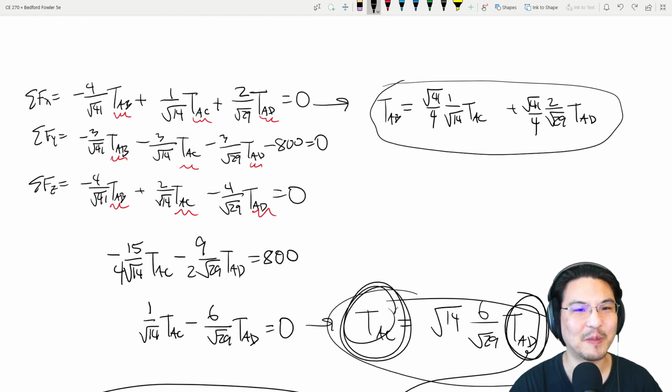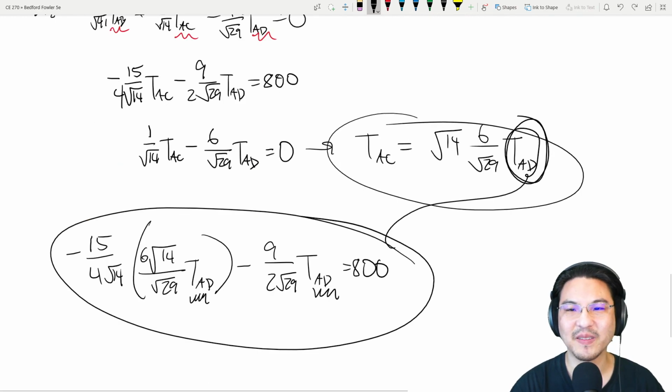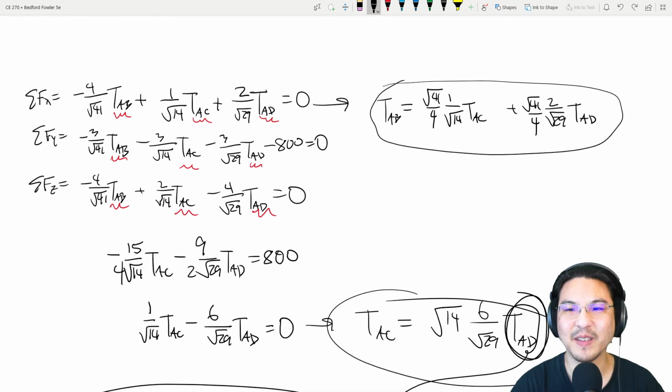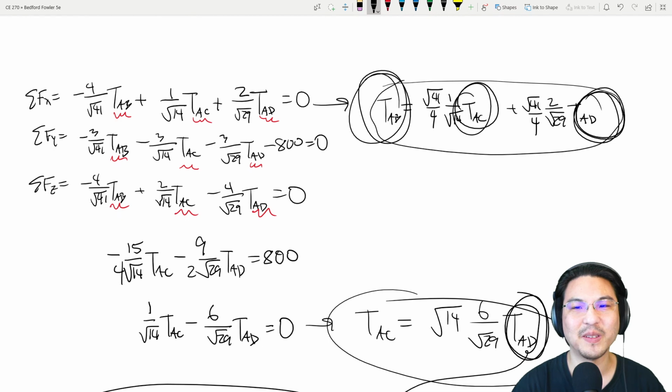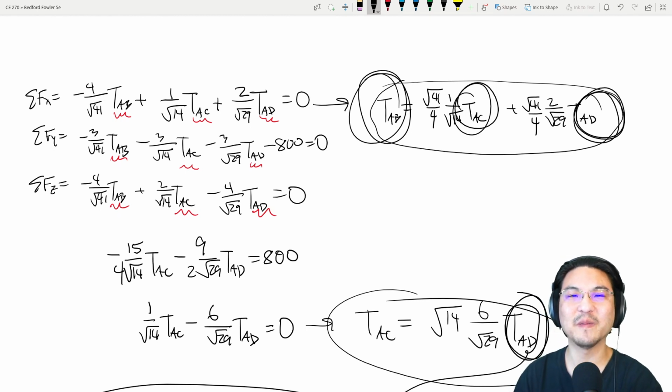Pick any one of the three. You have TAC and TAD. Plug those numbers in, and you have TAB. So now you have all three unknowns. And then that's it. So 3 equations, 3 unknowns. Okay, hope that was helpful. See you on the next video.